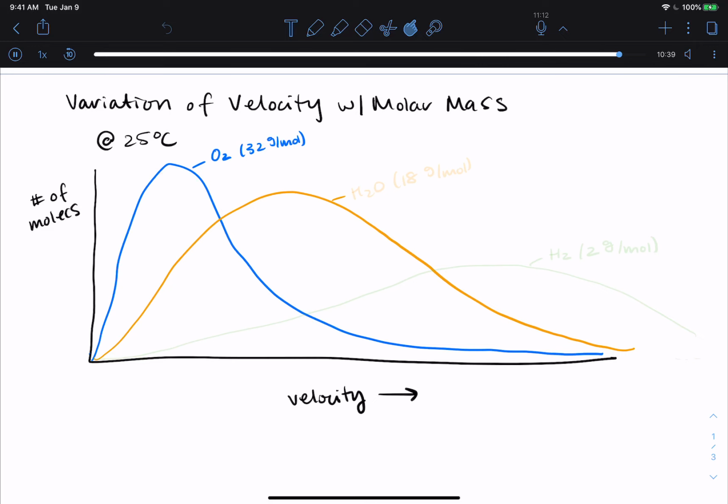So it might look something like this. And if I have something even lighter, so H2, it's going to kind of go off my scale that I have here. Dot, dot, dot. It would be going much faster at this temperature. Its molar mass is about 2 grams per mole.